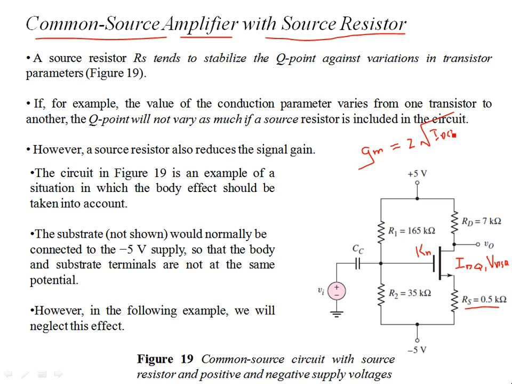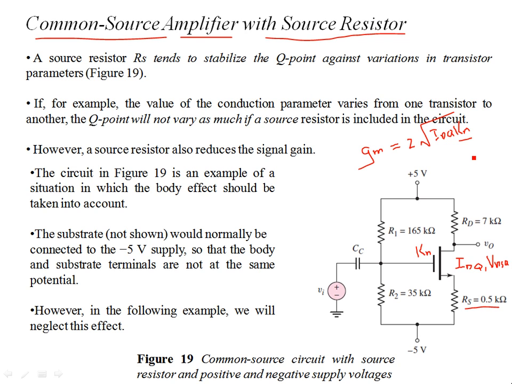So from transistor to transistor, same circuit configuration, same external circuit elements, the transconductance gain is a function of the conduction parameter that depends on the transistor.